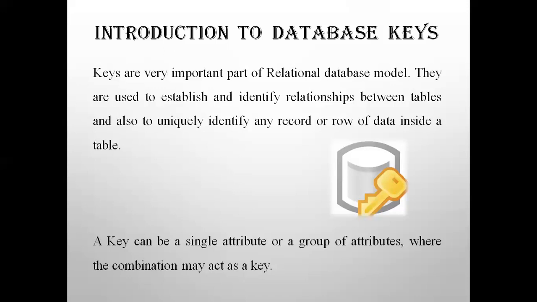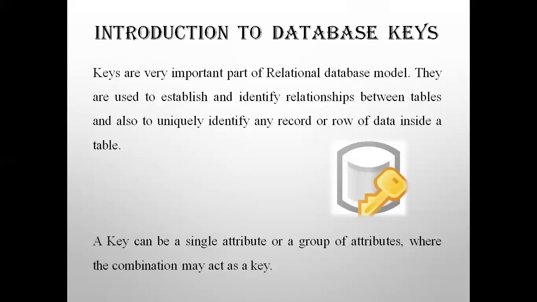We have already studied that the tuples or the rows within a relation must be unique. This property is already explained. It means that no two rows in a relation should have the same value for all the attributes.